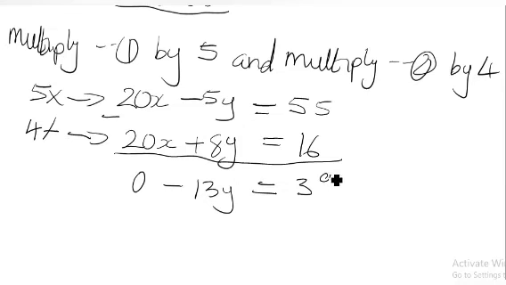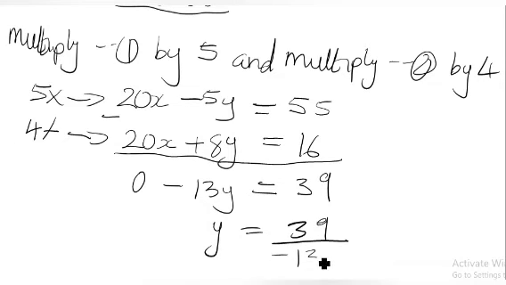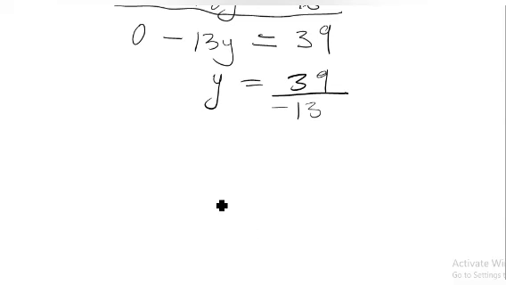So y equals 39 over minus 13. So y equals minus 3. So we have gotten the value of y.